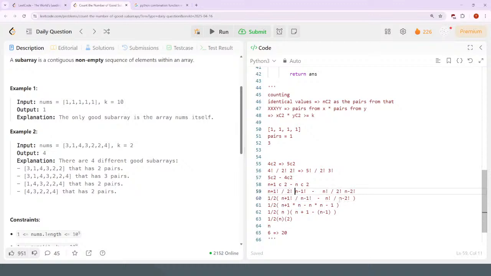There's 1 divided by 2 in both, so you pull out the 1/2. That remains n plus 1 factorial over n minus 1 factorial. The n minus 1 factorial cancels with n plus 1 times n. The other one, the n minus 2 factorial cancels with n times n plus 1.